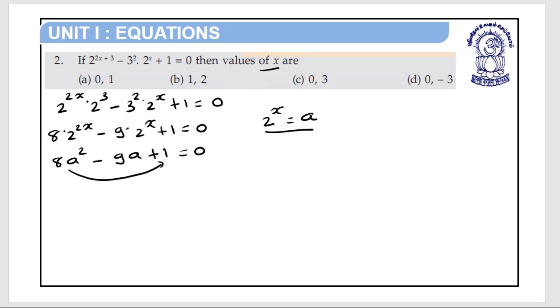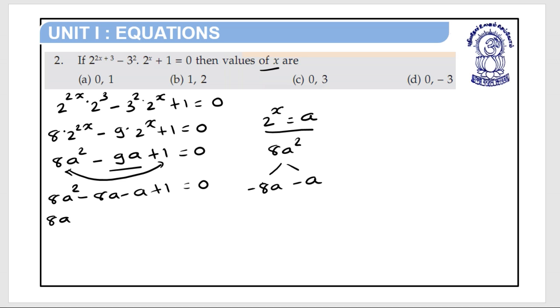Take multiplication of first term and last term: 8a square, so 8 ones are 8, minus 8a minus a. So it becomes minus 9a. 8a square minus 8a minus a plus 1 is equal to 0. 8a common, a minus 1 common, a minus 1 is equal to 0.